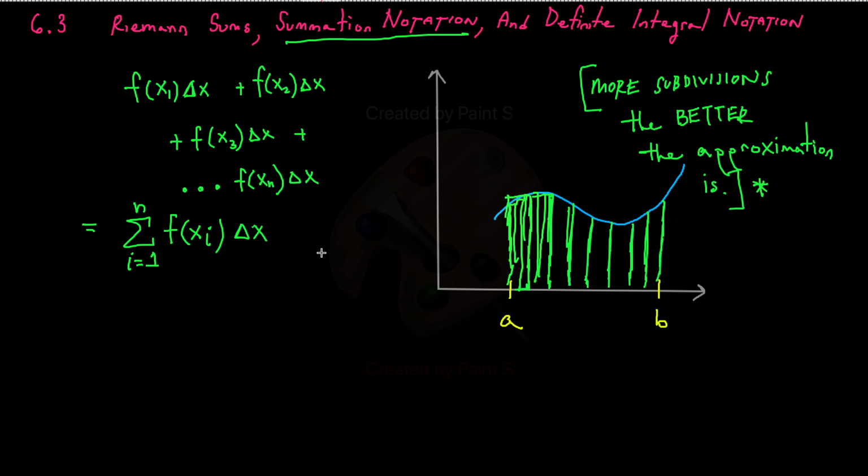And the way we define this definite integral from a to b is essentially just saying that we let n go to infinity here. We take the limit as n goes to infinity of this sum, i goes from 1 to n of f of x sub i delta x.